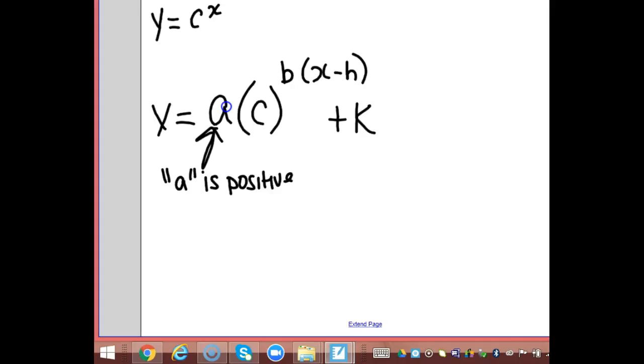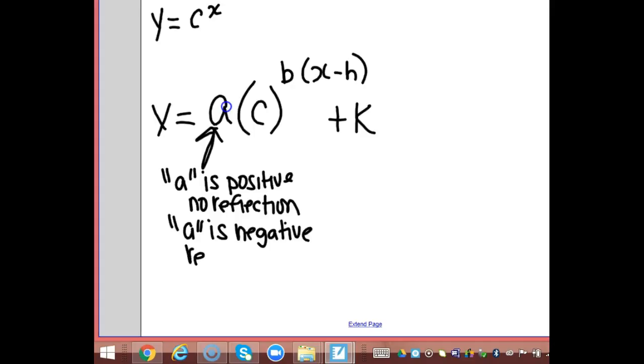It's just a normal picture. If A is negative, then it's a reflection on the x-axis, meaning the x-axis is a mirror and your picture is going to reflect down from that.